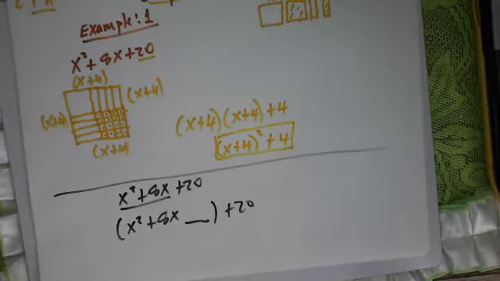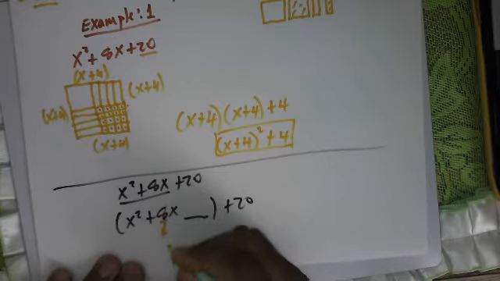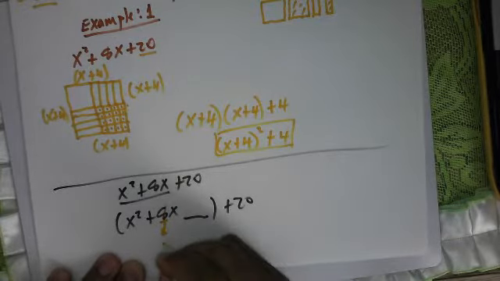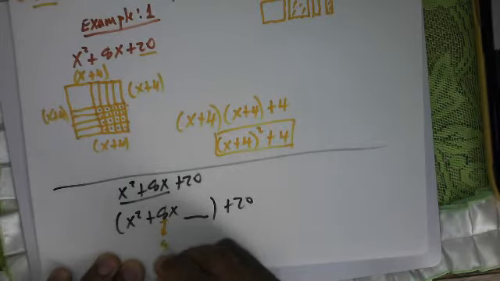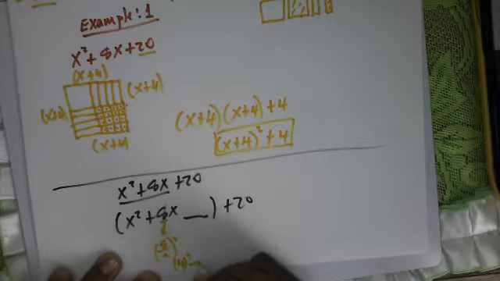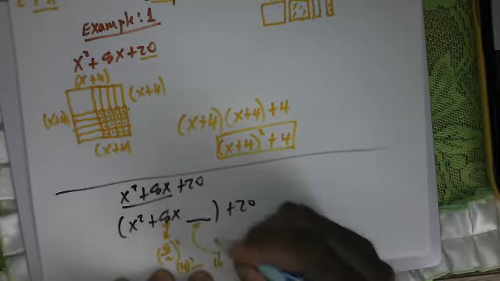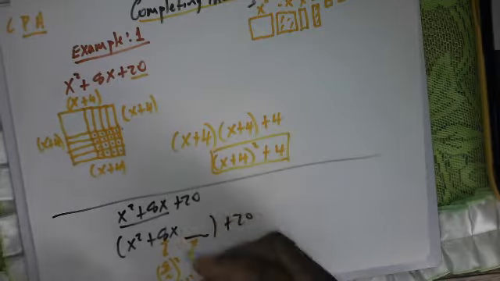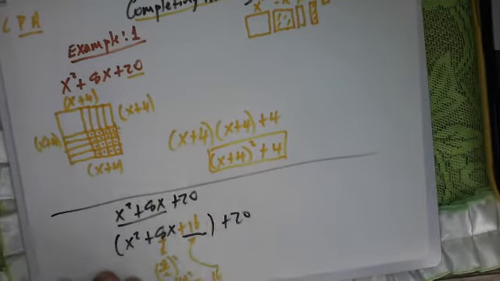Now my coefficient of x, I'm always going to half it and then square it. Half means dividing by 2, so this is 8 divided by 2, and we square it. 8 divided by 2 is 4, so this is 4 squared, and 4 squared is 16. That is the number that will come here. So I need 16 pieces to complete the square. So this is my completed square. But look at it.